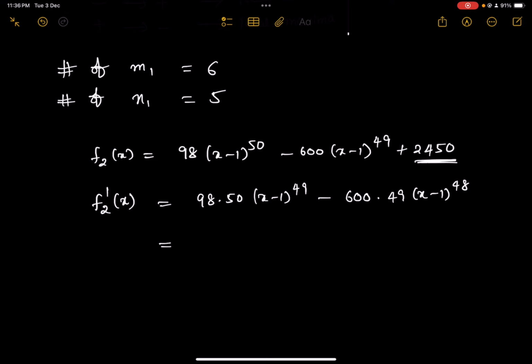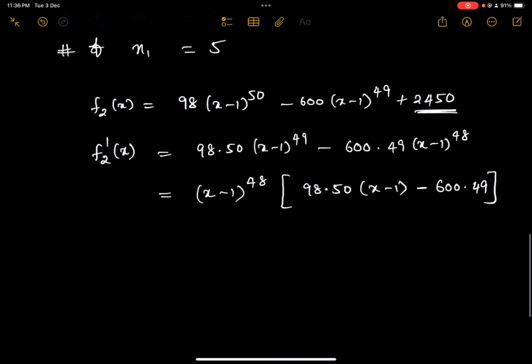So this is (x minus 1) whole power 48 into, so 98 into 50 times (x minus 1) minus 600 into 49. So this is 49 and this is 49 into 2. So this is basically 49 into 100. This is 49 into 600.